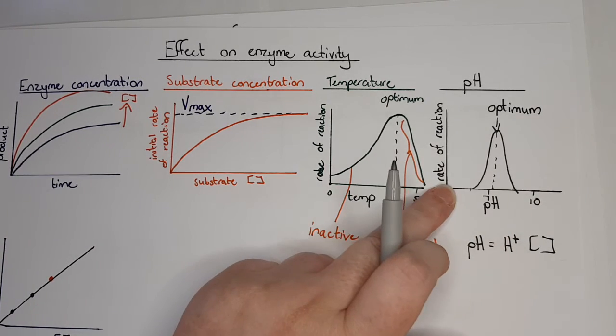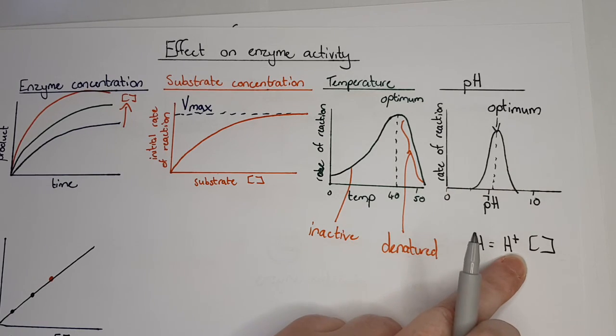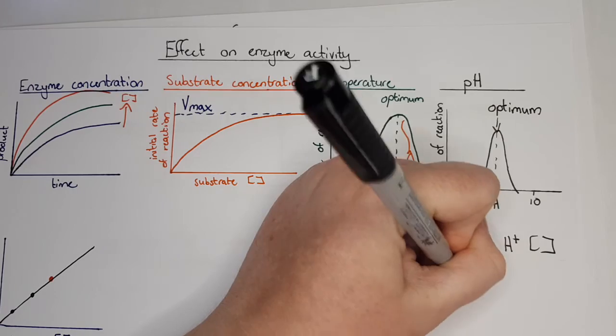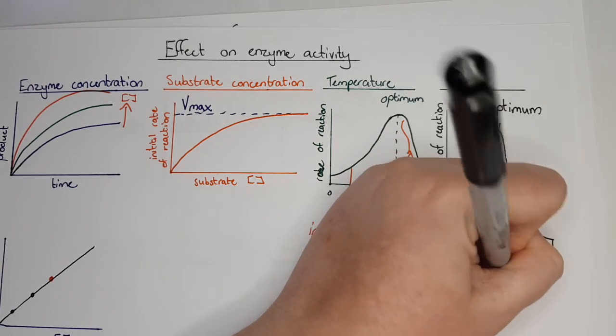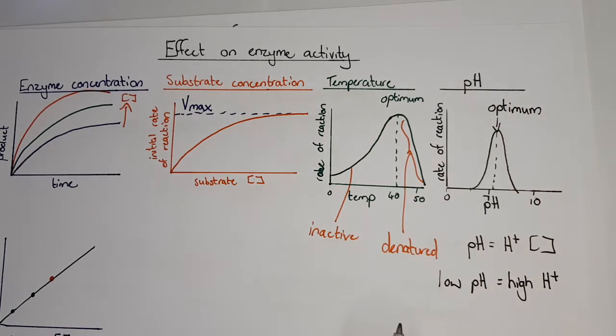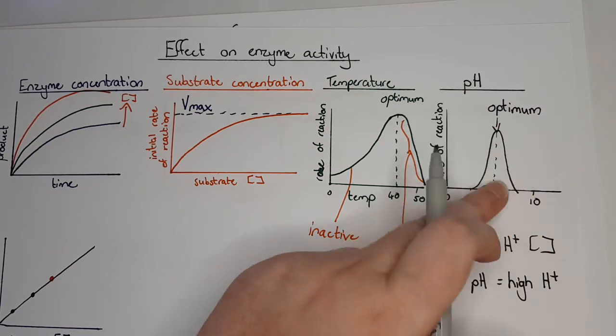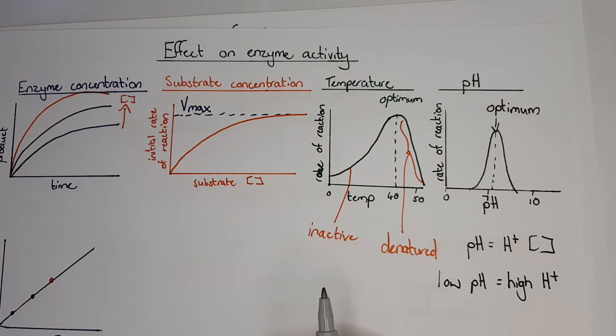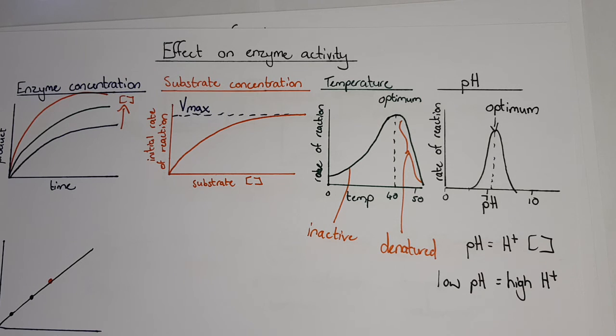So a low pH has a high concentration of hydrogen ions. A higher pH has a lower concentration of hydrogen ions. And hydrogen ions will interact with the bonds of the protein structure.